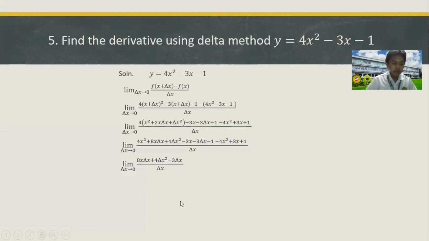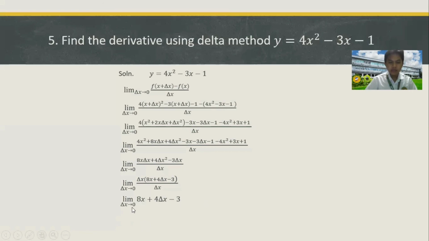So the limit as delta x approaches 0 of delta x quantity of 8x plus 4 delta x minus 3 over delta x. So cancel delta x. So our limit as delta x approaches 0 is 8x plus 4 delta x minus 3.